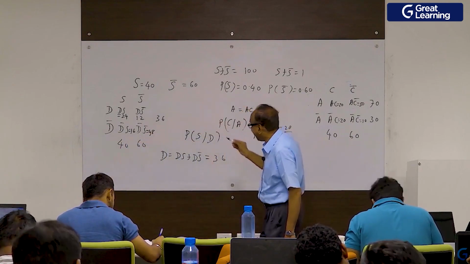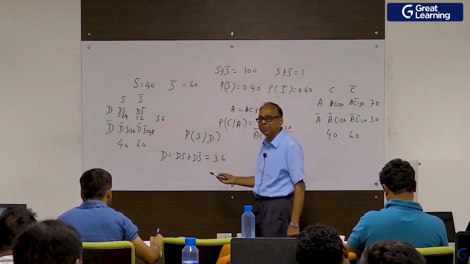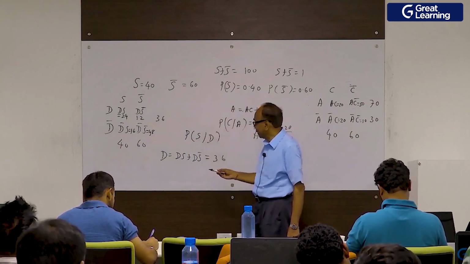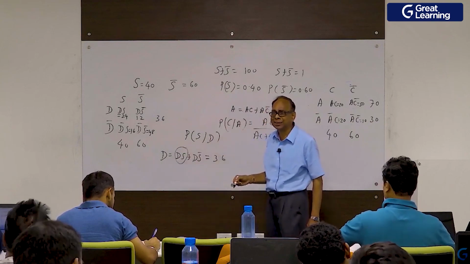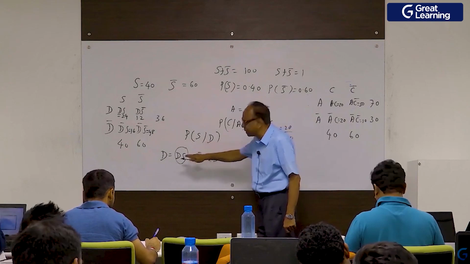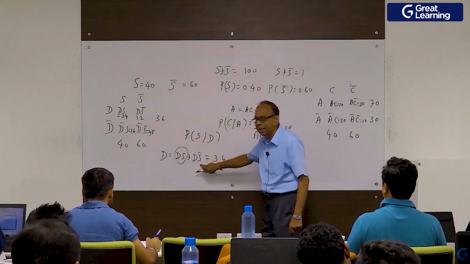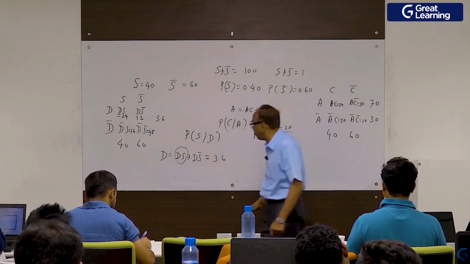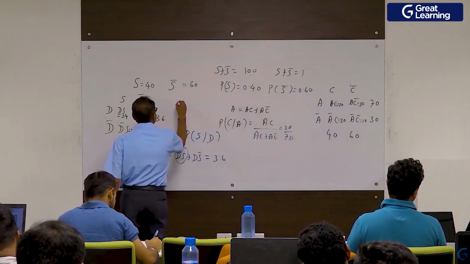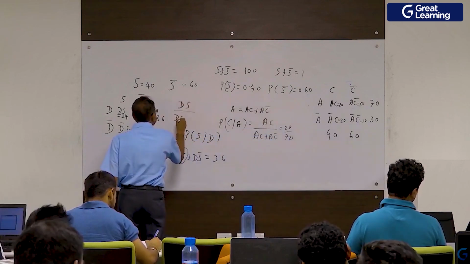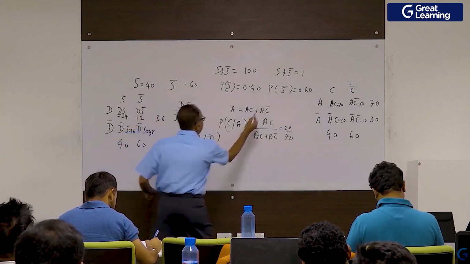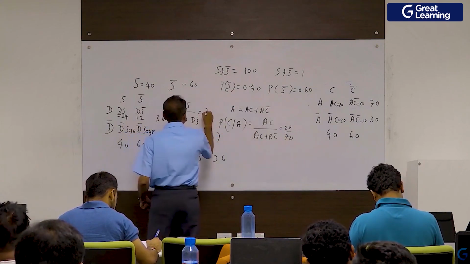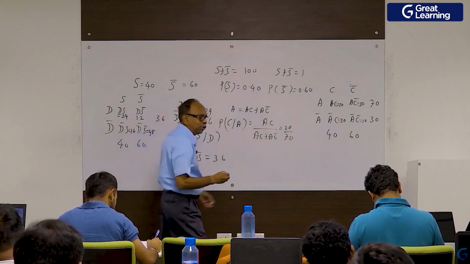Now S given D probability, DS is the only term which is associated with success. Because I want success given detailed test, the second term is not associated, and therefore the required probability is DS divided by DS plus DS bar, which is 36. DS is your 24. 24 by 36, 2/3.